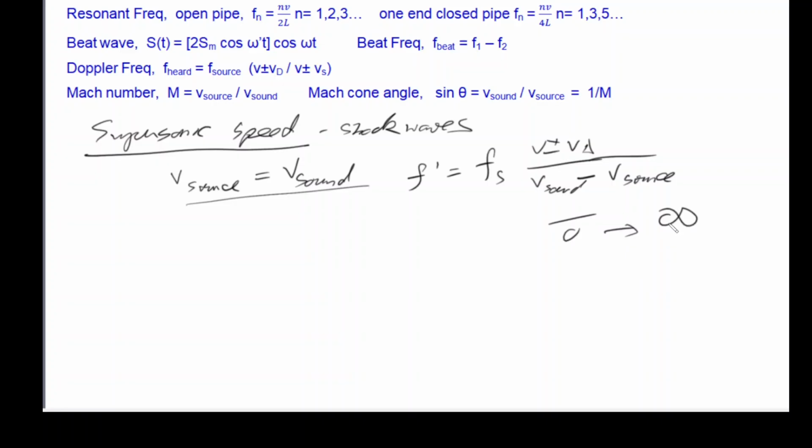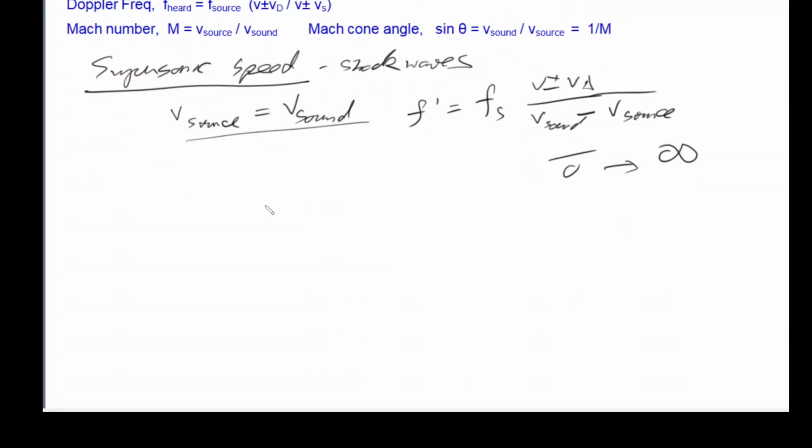And what happens then is the source or the jet is moving along its own wavefront. But what if v of the source is greater than velocity of sound? This is called supersonic speed.